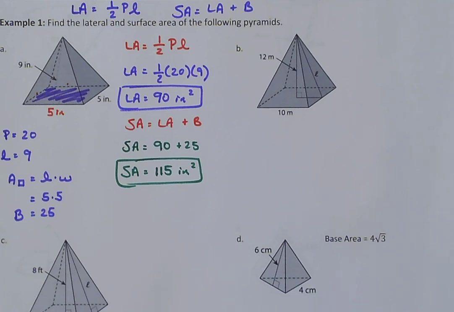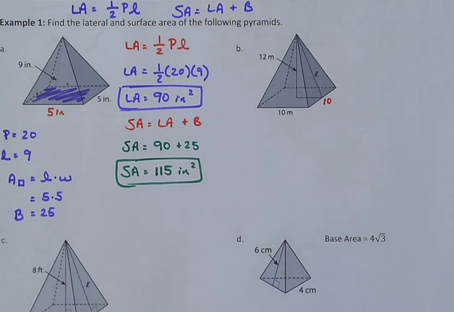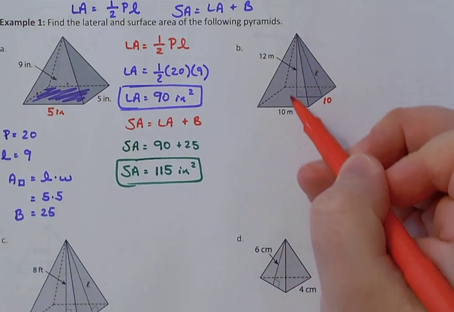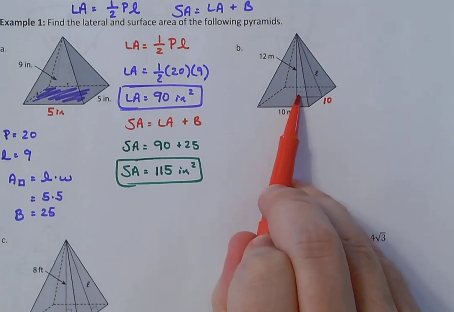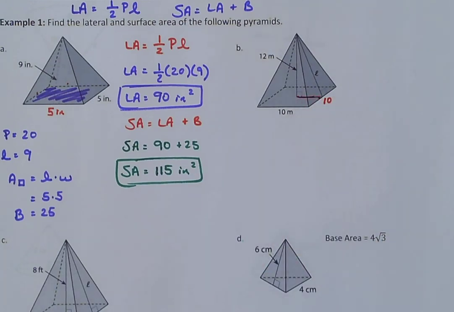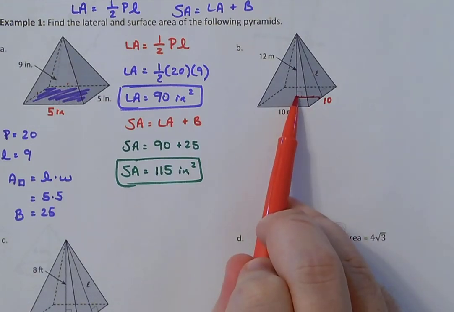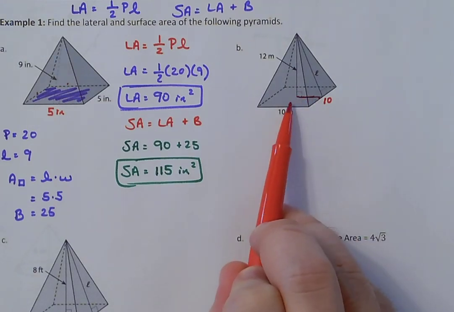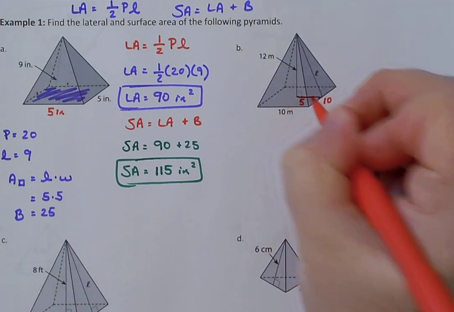Whenever you are not told your slant height, we have to do a few things. Number one, we need to use the Pythagorean theorem because we have a right triangle here, where this side is 12. To figure out this side, if we think about it as the radius, it's going from the center of this square to the edge, so we take half of this side length, which is 5.